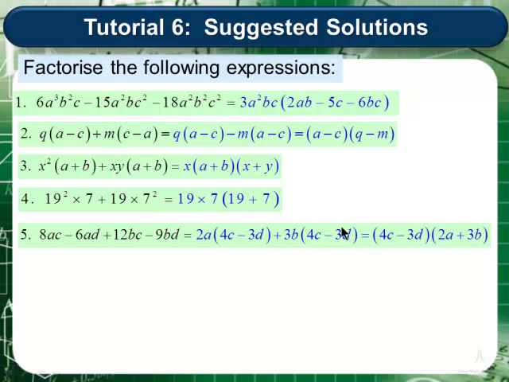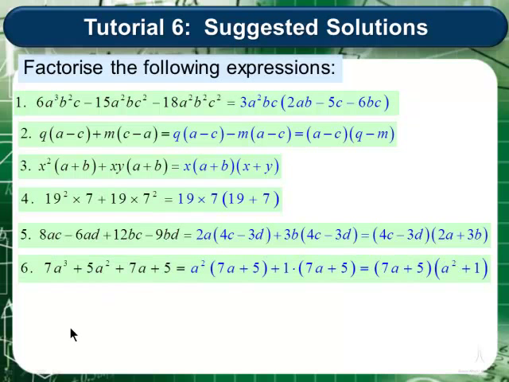So we create a second common factor, which if we take this out, we're left with 2A and 3B respectively, which is the second factor of this factorized version of the expression. So this is how we apply the grouping technique then. Another example of its application.